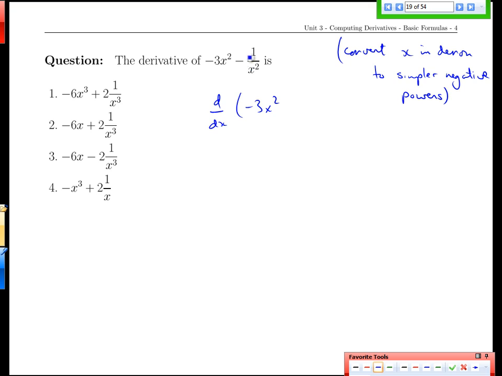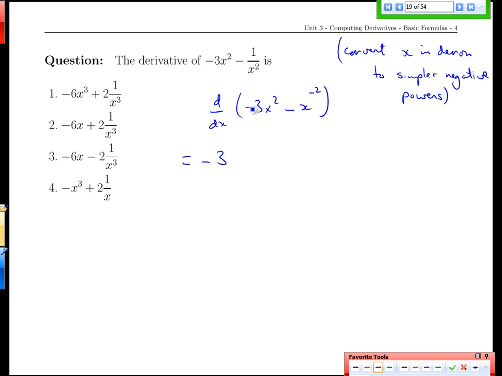So this 1 over x squared could be written as minus x to the minus 2. We're going to subtract x to the negative 2. And again, the reason for doing that, it makes your life easier when you talk about the derivative, because we know the rule for that.